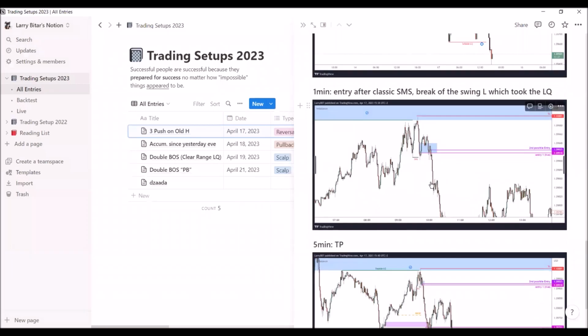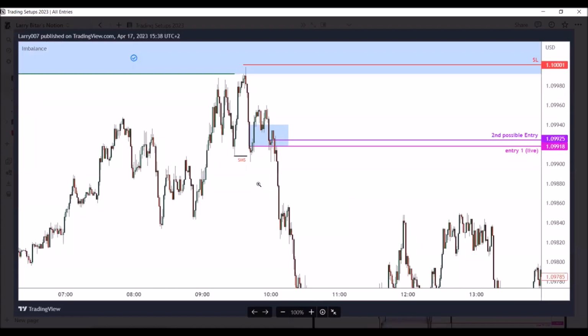And so if you can see on the 1 minute, at 8 we were below the buy side liquidity. We took the buy side liquidity around 9:30, and then boom, shift of market structure. I would have preferred a close below, but the candles were big and it was quick and energetic.